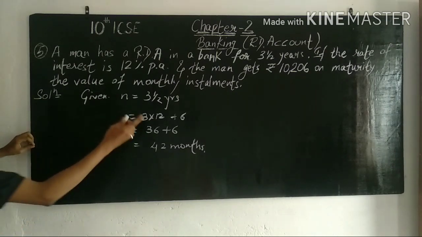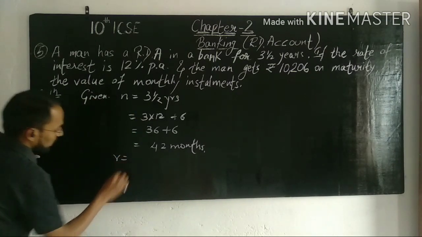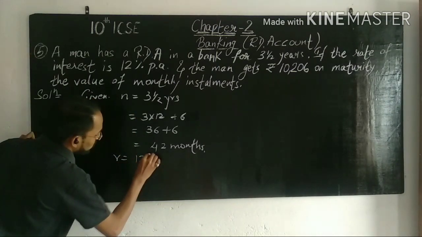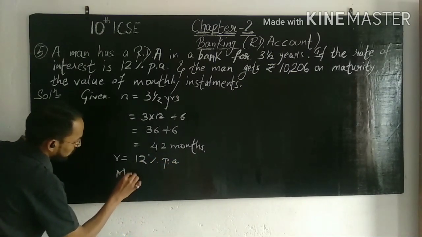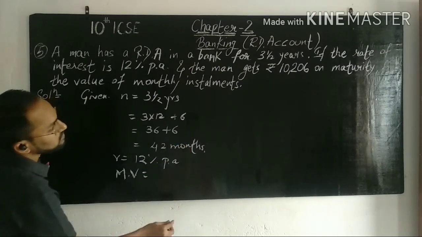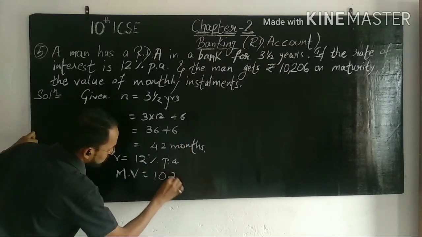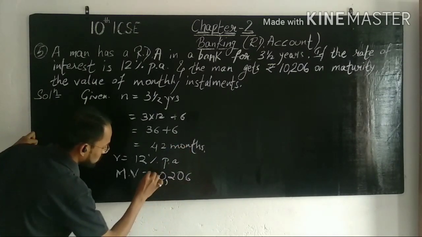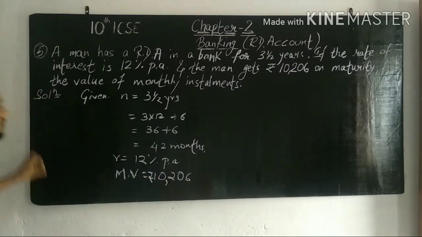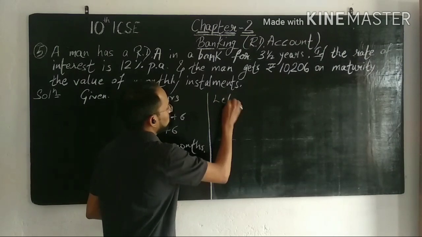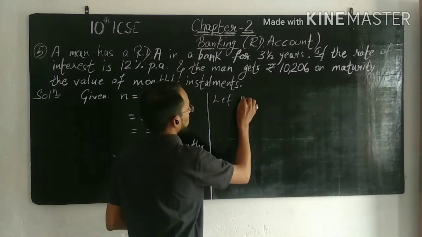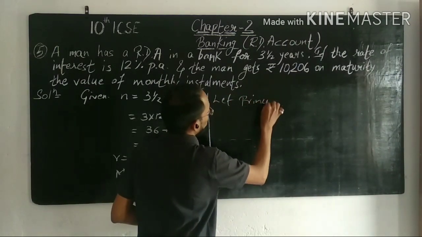And the rate of interest, which is R, is 12% per annum. And we have maturity value 10206 rupees. Now, let the principal for this question be x.